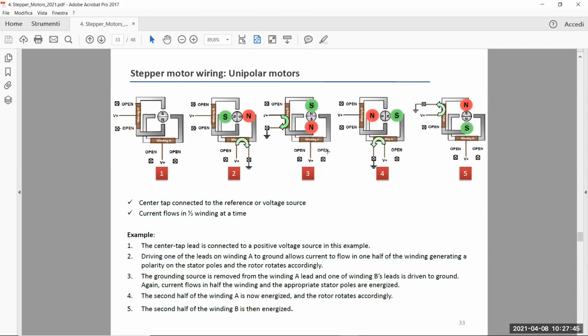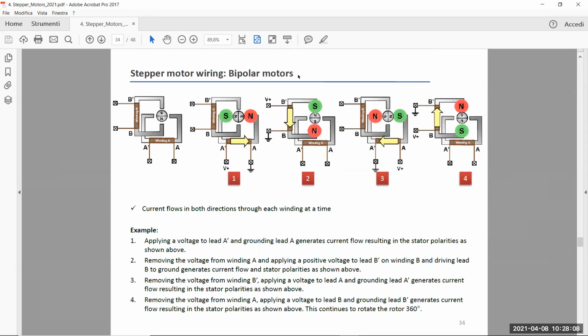Okay, so even in that configuration, by using just unipolar current in just half of the winding, you have the same behavior as you can have for the bipolar stepper motor. The driving here is a little bit more simple than the bidirectional driver you need for the bipolar motors, okay?